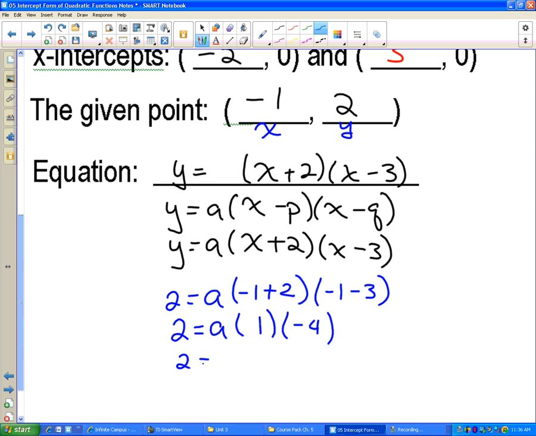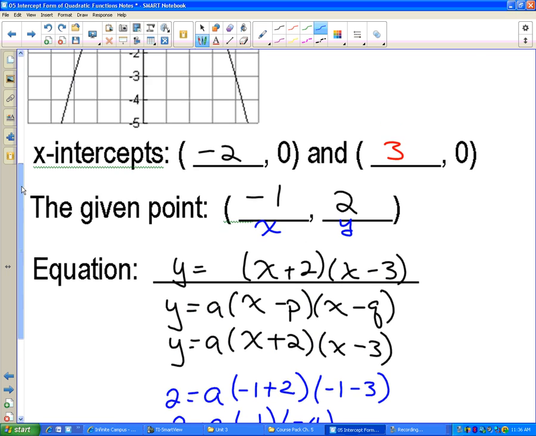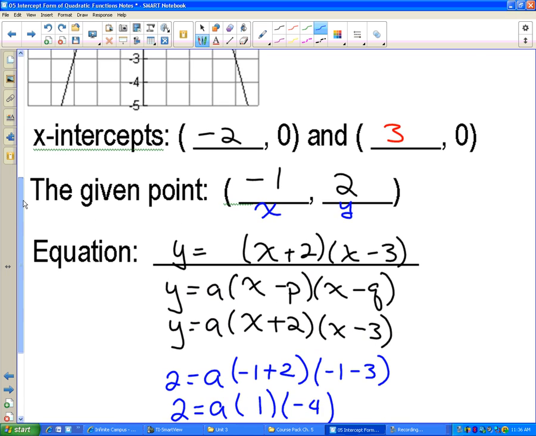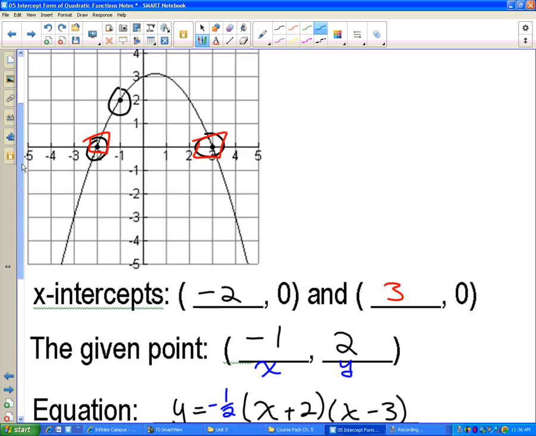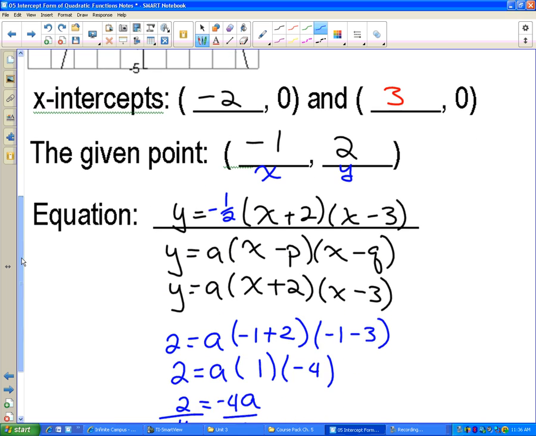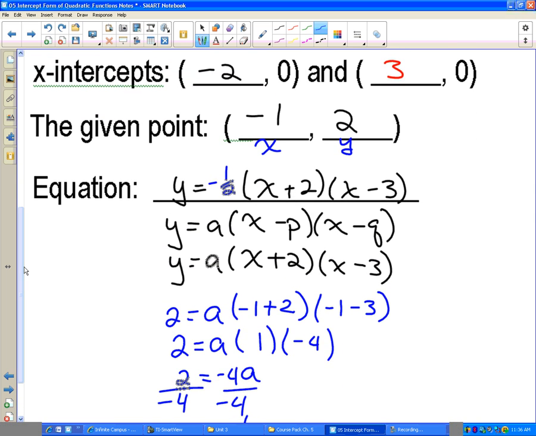So 2 is equal to -4 times a. Divide both sides by -4. I get a is equal to -1/2. Wait, a equals -1/2? Well, my graph is facing down. So a should be a negative number. It makes logical sense that a would be a negative number since my graph is facing down.